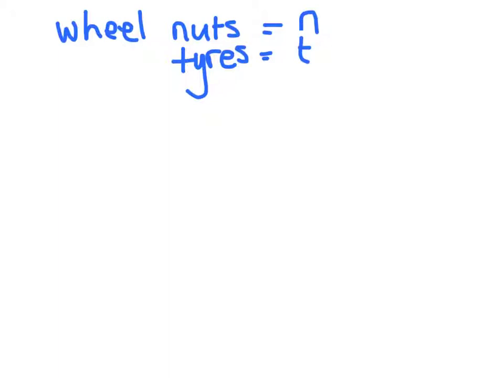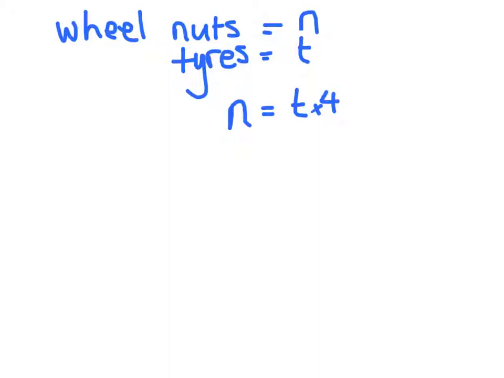Okay, so how do we write an equation for that, a formula for that? What we're trying to work out is a formula for how many nuts we need, multiplying the number of tyres by 4. Now, a lot of you might go like this: tyres times 4.